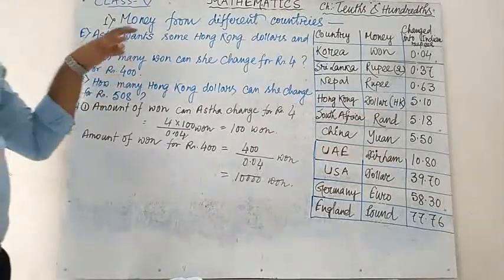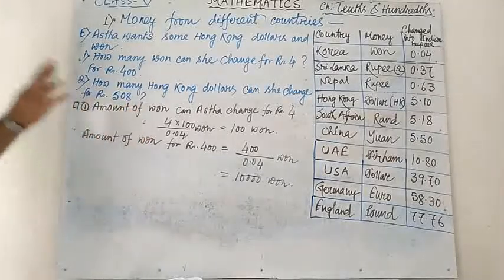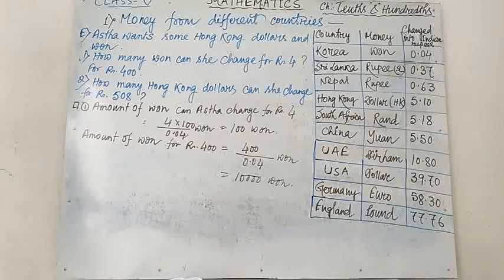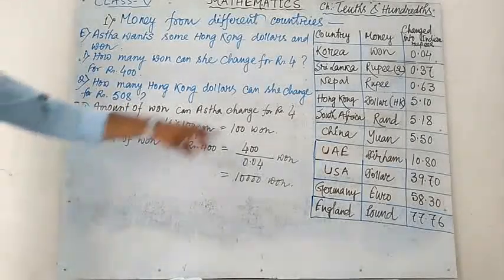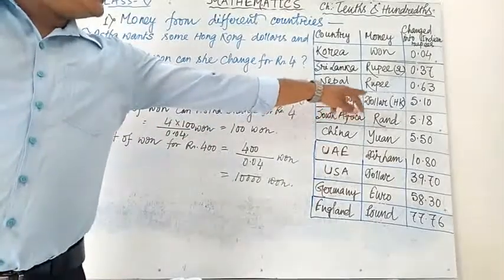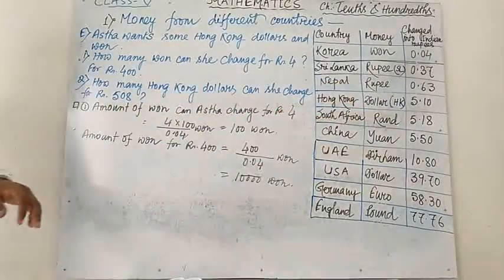How many Hong Kong dollars can she change for rupees 580? Now you can see 1 Hong Kong dollar means 5.10.